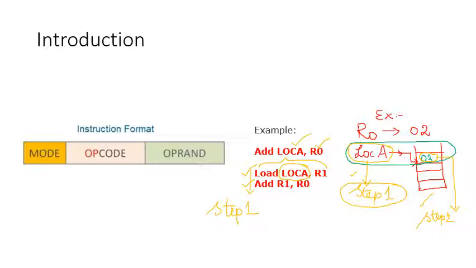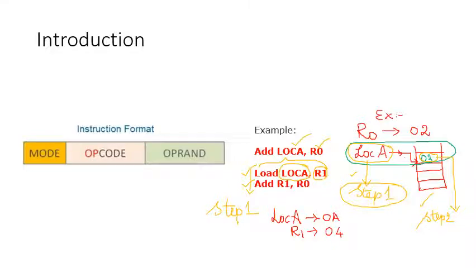After this, the content of R1 is loaded into location A. Assume that location A, a location in main memory, initially contains the data 0A, and register R1 contains the data 04.